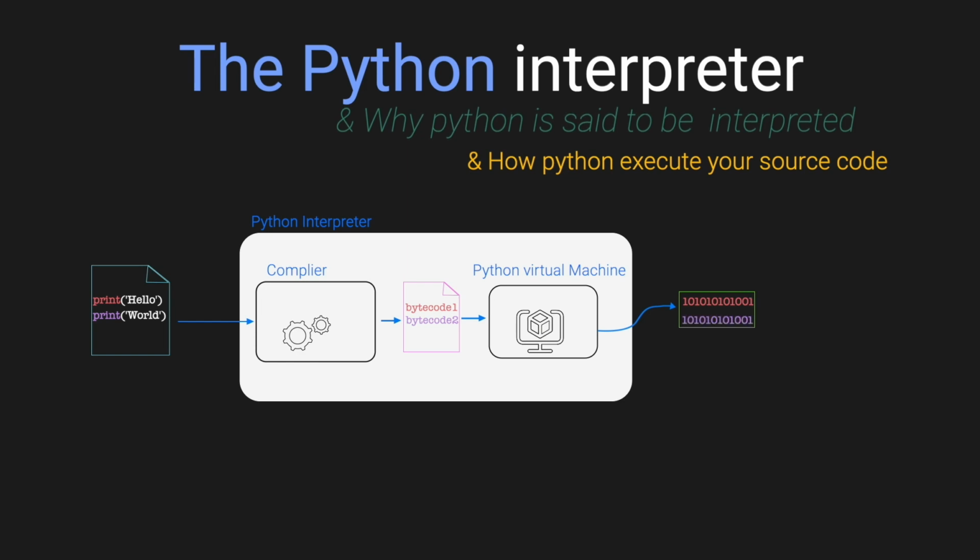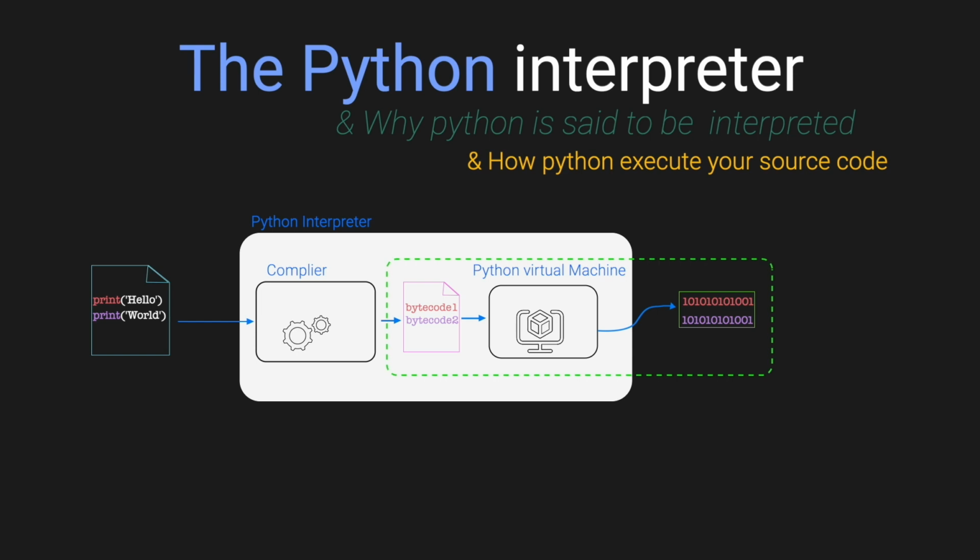But here is the important part. I want you to pay more attention because this is the part that explains why Python is called an interpreted language. We've talked about bytecode being converted into machine code. This translation process doesn't happen to your entire code at once.